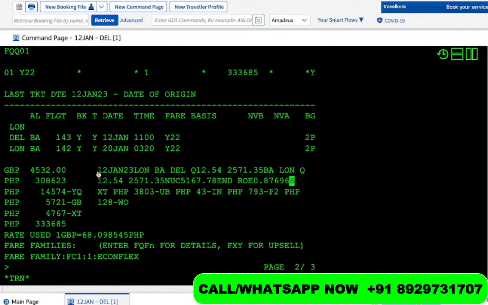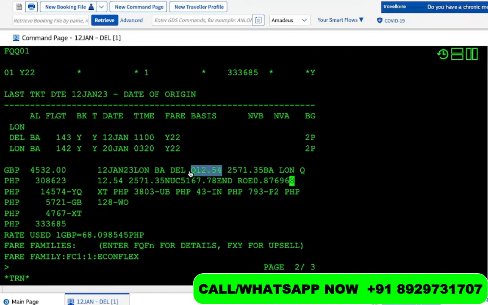It says on 12th of January 2023, the flight is going to depart from London with British Airways, and it will go to Delhi. There will be a queue surcharge. You can say this is an extra charge of 12.54. There is some calculation that happens.